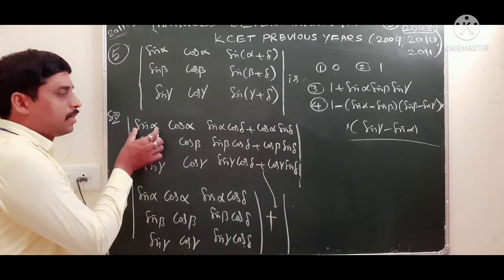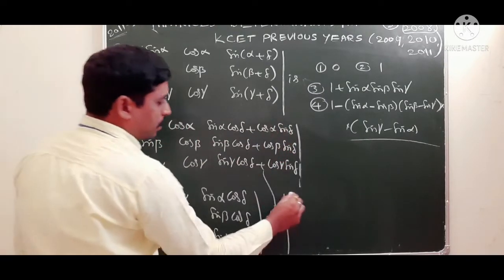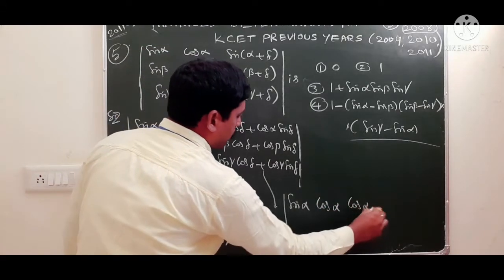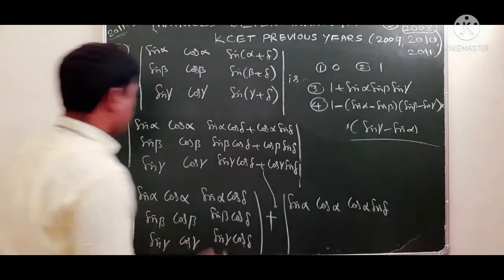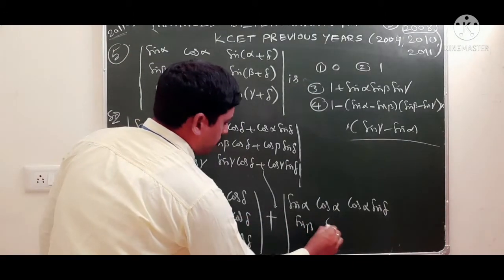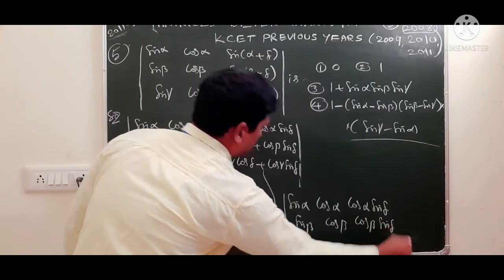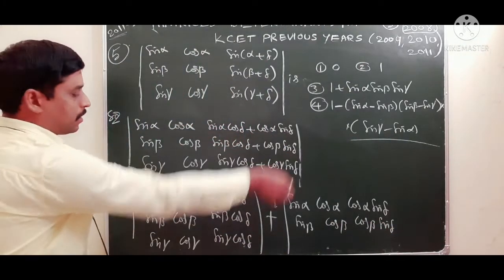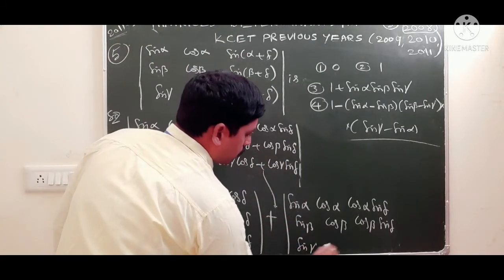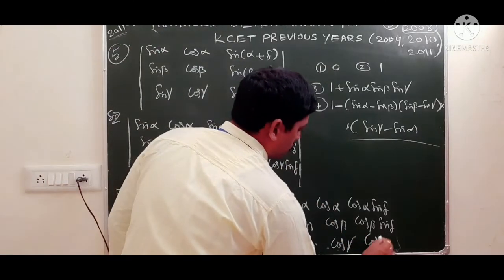Okay, let us take sin alpha, cos alpha and the next element sin alpha sin delta. Next sin beta, cos beta, sin delta. So the second elements: sin gamma, cos gamma, and cos gamma sin delta.